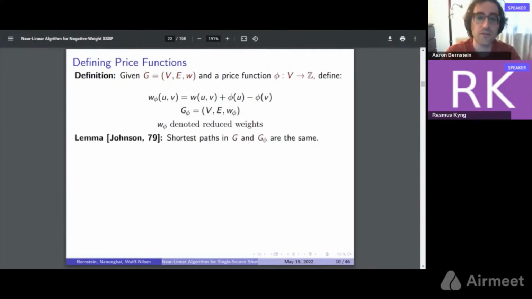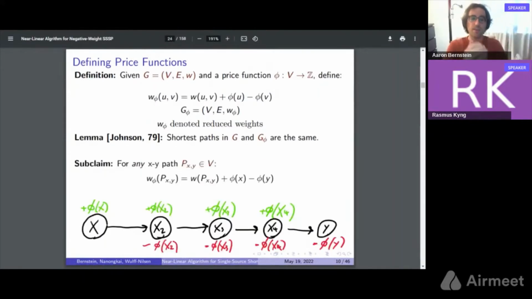The reason it's so useful is because it can be proved that shortest paths in G and this reduced graph are the same. Adjusting by prices never changes the shortest path structure. The proof is quite easy. It's based on the claim that, given any path from x to y, the weight of the path in the reduced graph is always the original weight in the original graph plus φ(x) minus φ(y).